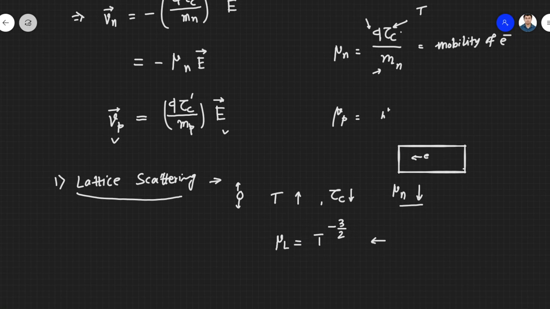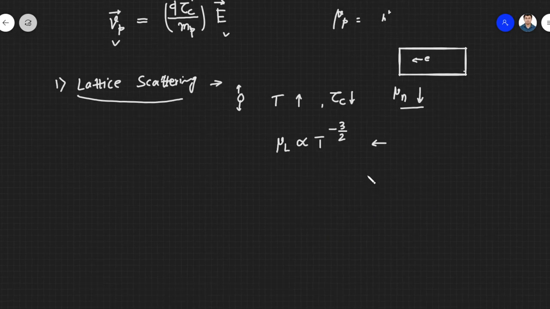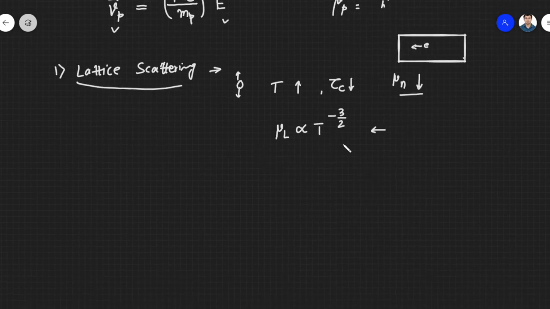So it's proportional. Okay, so they are proportional to this. Now let's try to understand another phenomenon called impurity scattering. So here we can see if temperature increases, the mu L decreases.